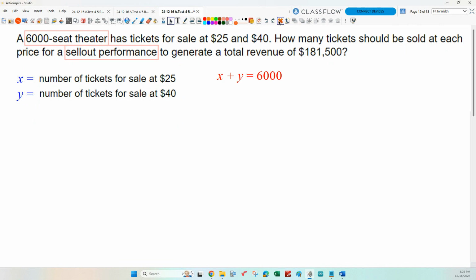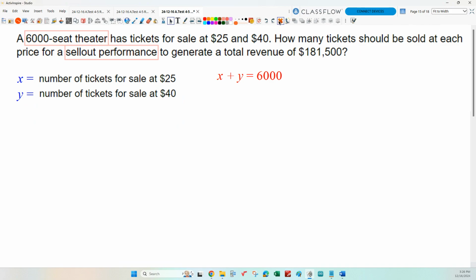Okay? The other equation is a little bit trickier, right? The other equation is the money equation. So we know we want to generate a total revenue of $181,500 in ticket sales. I want you guys to raise hands and think about how we could come up with an equation there. I need to have dollars on both sides.